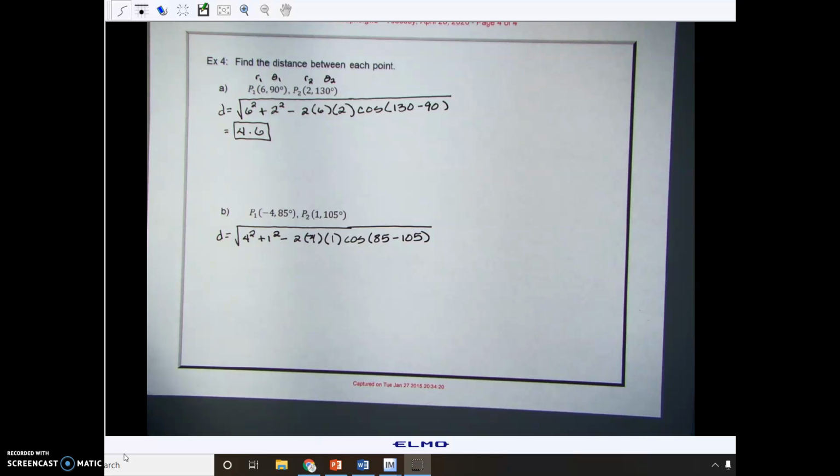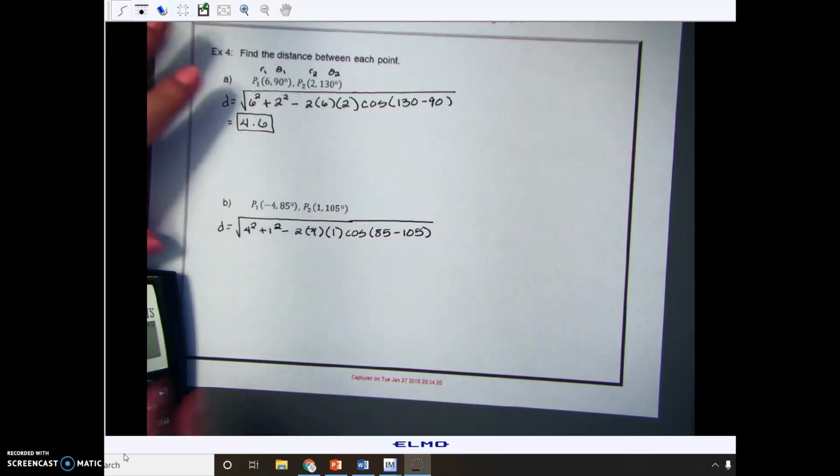All right, so take a moment to plug that into your calculator. So we get the square root of 4 squared plus 1 squared minus 2 times negative 4 times 1 times the cosine of 85 minus 105 gives us 4.95.